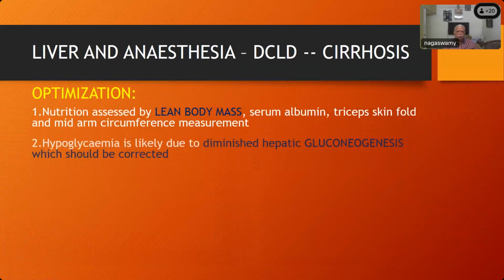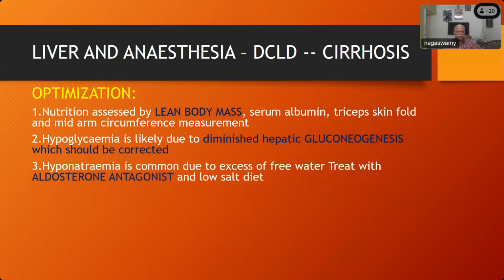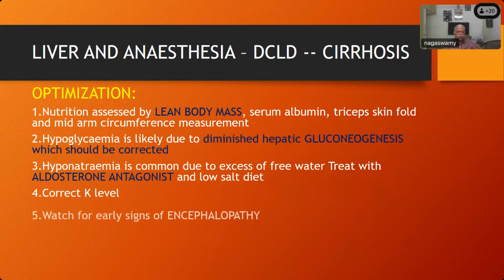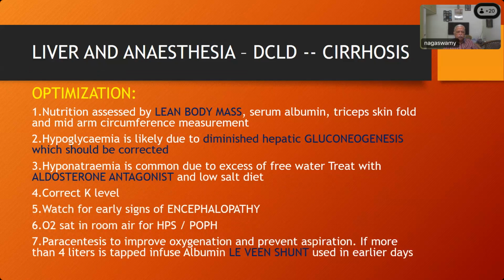So how to optimize? First, take care of the nutrition, hypoglycemia, hyponatremia by giving aldosterone antagonist, correct potassium levels, watch for early signs of encephalopathy, and monitor oxygen saturation in patients with hepatopulmonary syndrome or portopulmonary hypertension.